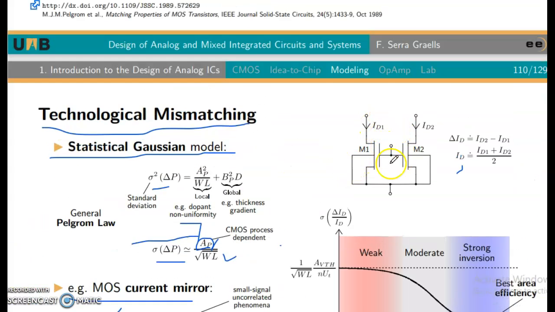Here there are two CMOS transistors, M1 and M2, with currents I_D1 and I_D2, and the remaining terminals are all interconnected.